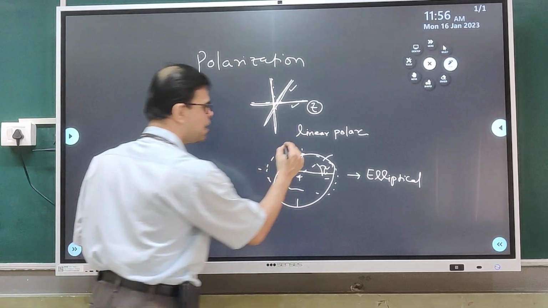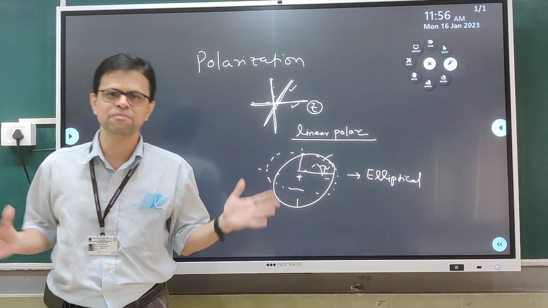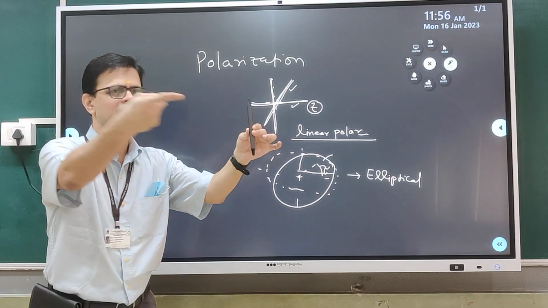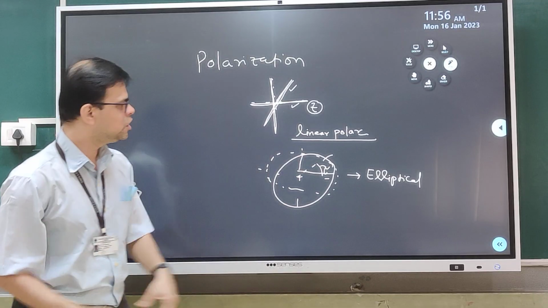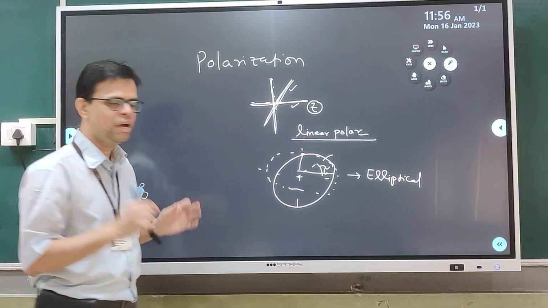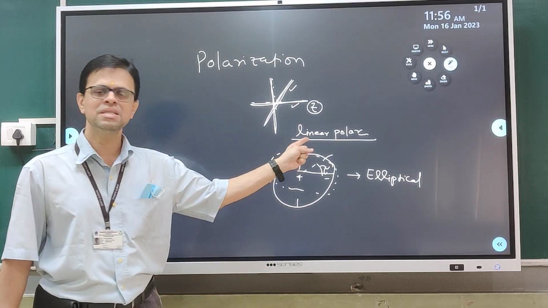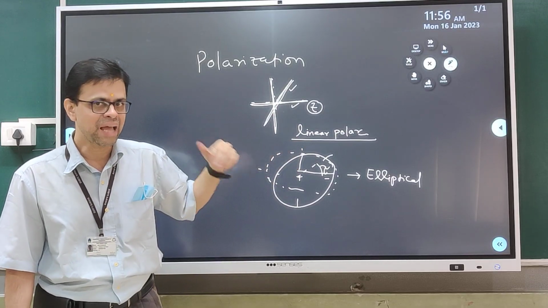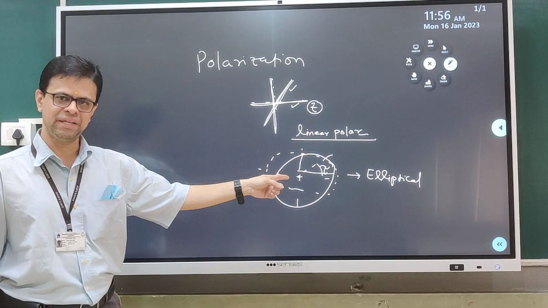There is a high probability of polarization mismatch: I am saying the transmitter is like this, but the incident wave is coming like this, or at some angle. Because of that, the two polarization vectors are not matched, and you will get a signal loss. Now that signal loss can be minimized if I am using an elliptical polarized antenna.